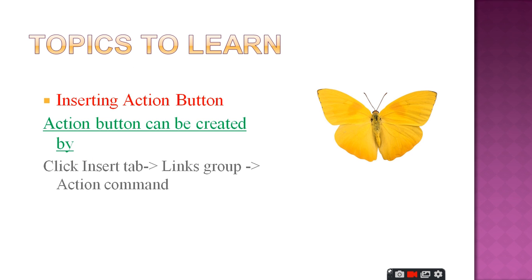Action buttons also can be created. These are the links. An action button is nothing but a shape or any text. It can be inserted in a slide, and it can be set to link to another slide. Sometimes it may play a sound or video or any other similar action.